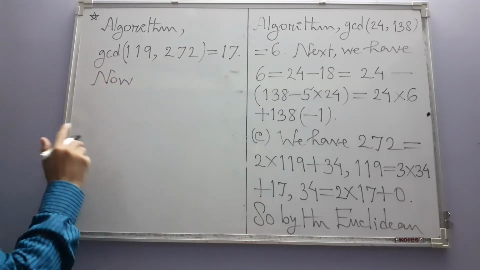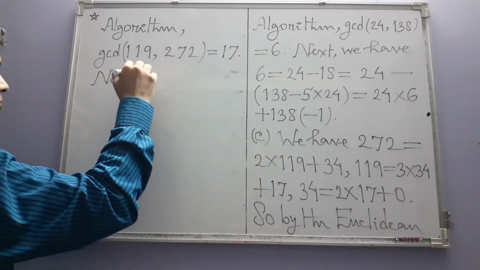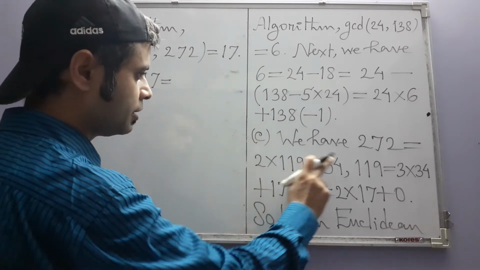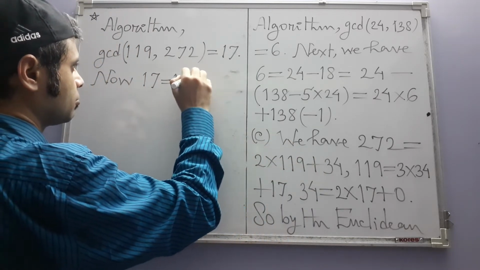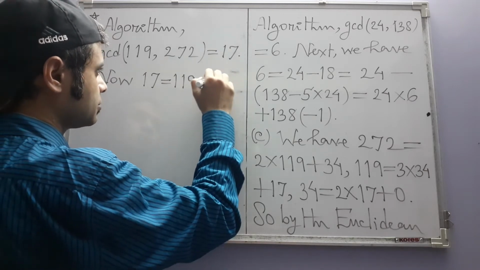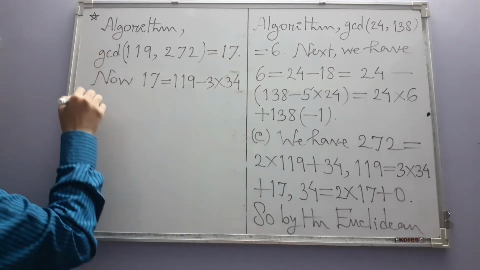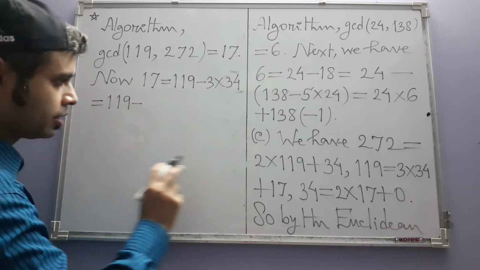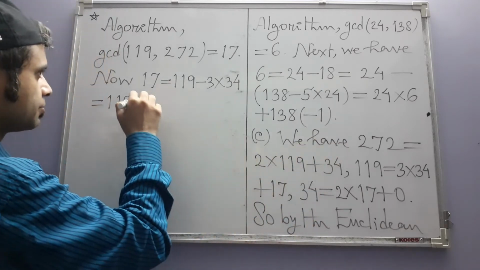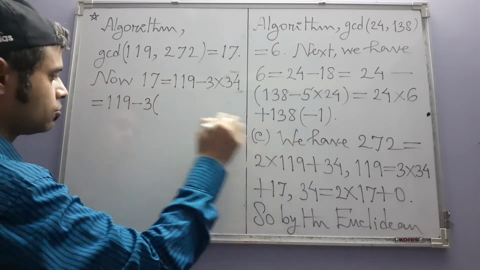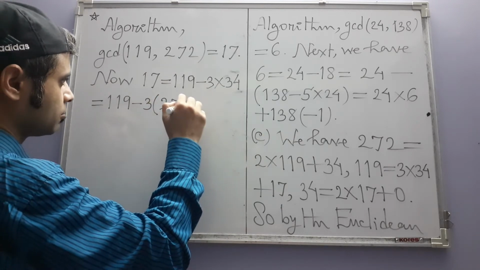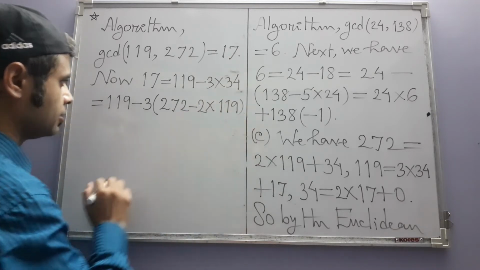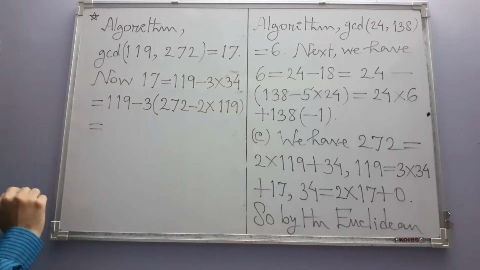Now again, same thing. First of all, 17 equals 119 minus 3 times 34. Then we have to replace 34 with this: 272 minus 2 times 119, and that ultimately equals what?